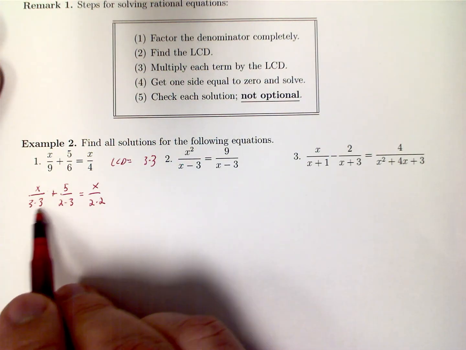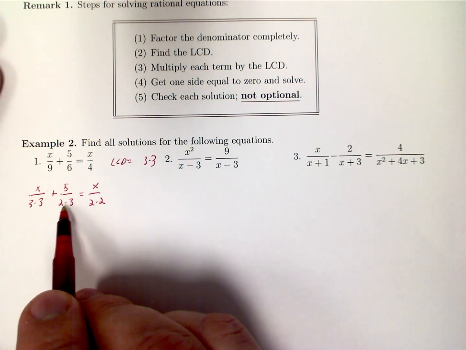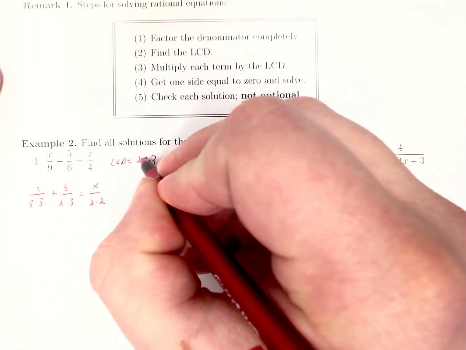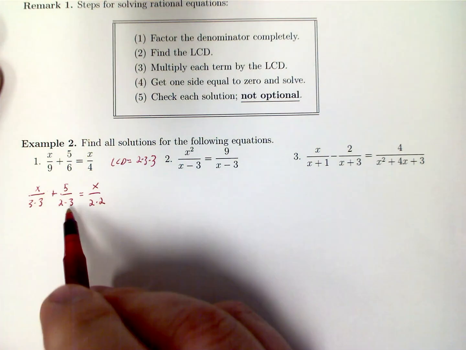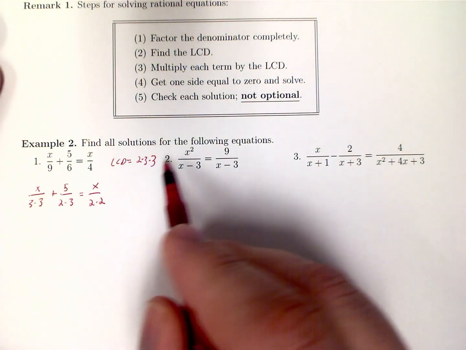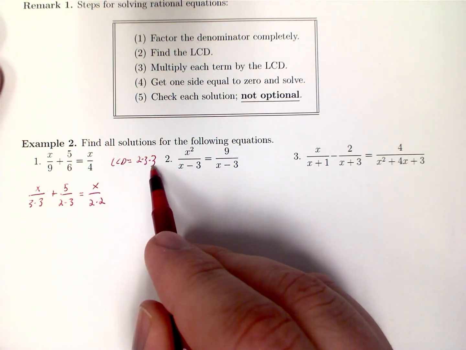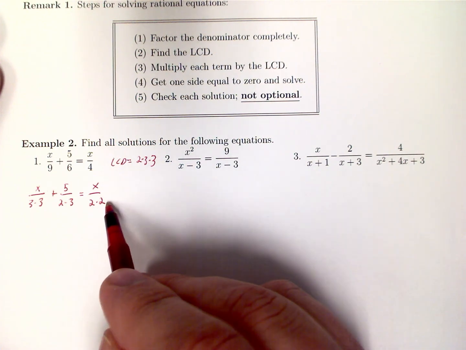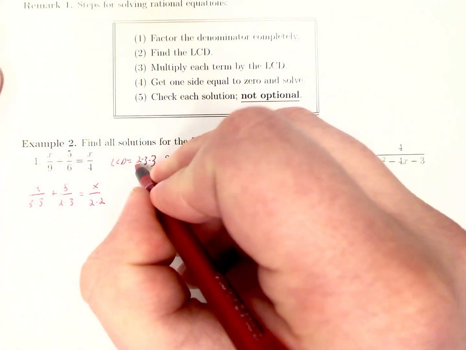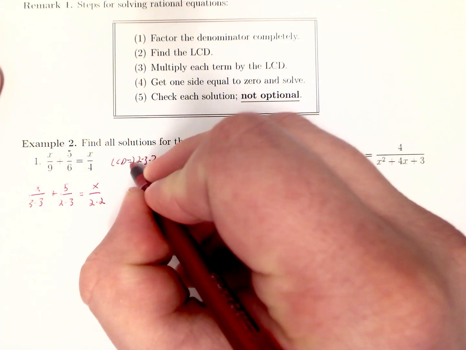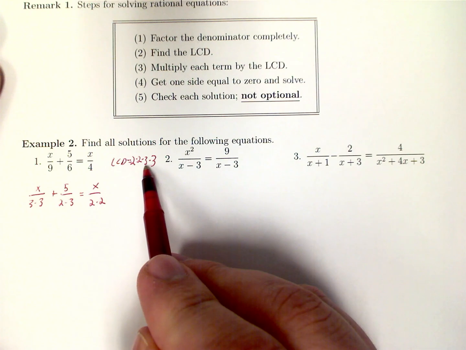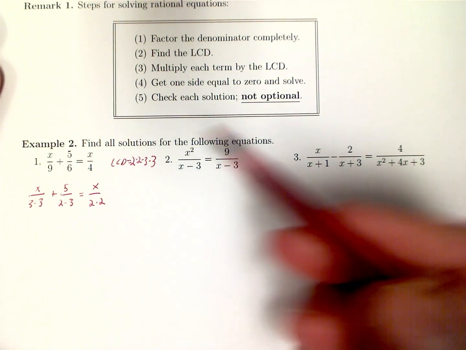In this one we have 1 copy of 2, so 2 must be in the LCD. And here we already have 1 copy of 3, because we have 2 copies of 3 in the LCD, so we're good. Here we have 2 copies of 2, so 2 copies of 2 must be in the LCD. We only have 1 copy so far, so we must add another. So the LCD is 2 times 2 times 3 times 3, which is 9 times 4, which is 36.